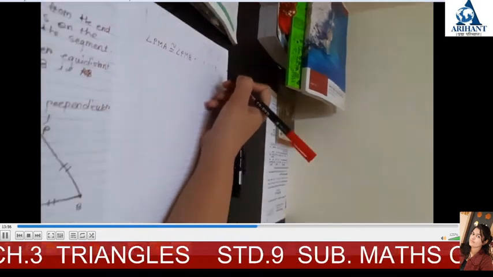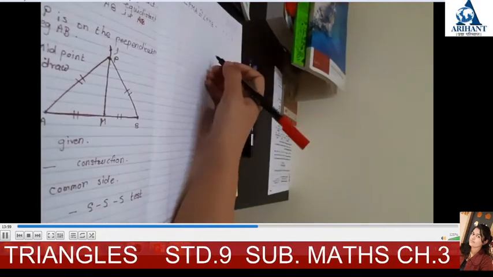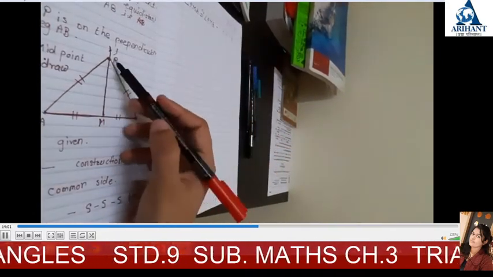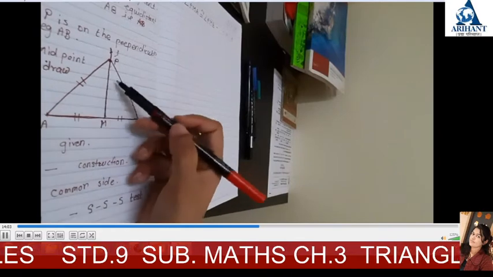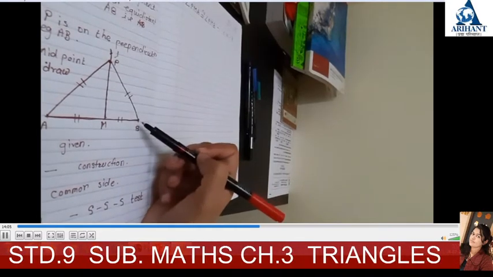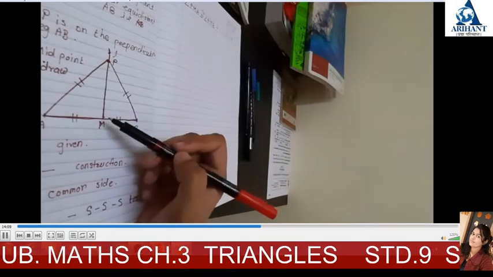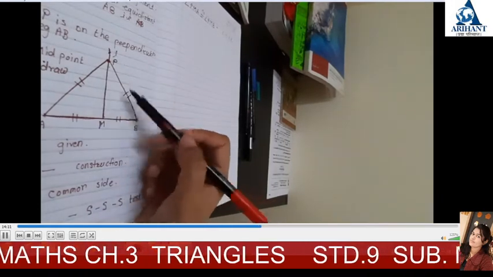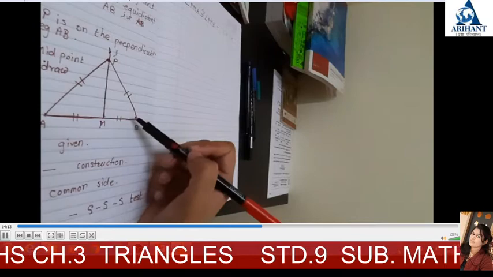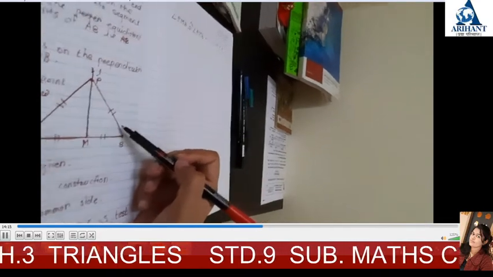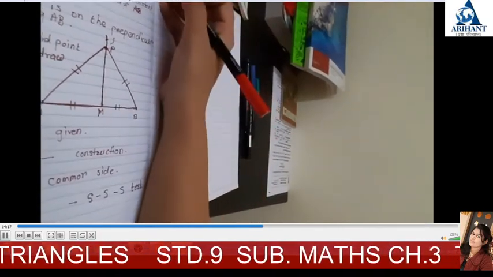You can see in this diagram, angle PMA and angle PMB are equal because these are congruent triangles, and the angles of congruent triangles are also the same.